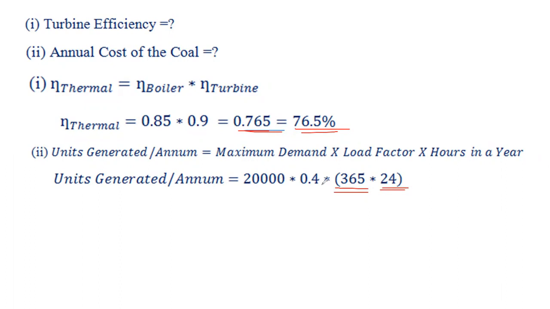That is 20,000 into 0.4 into 365 into 24. Simplifying, we get 7,008 into 10 to the power of 4 kWh. Generally the units generated are expressed in kilowatt hour.